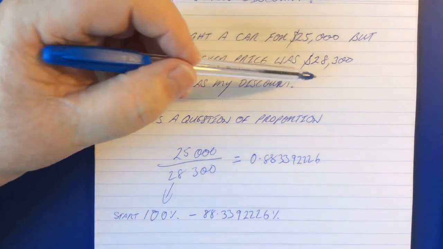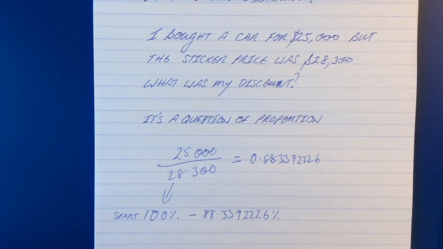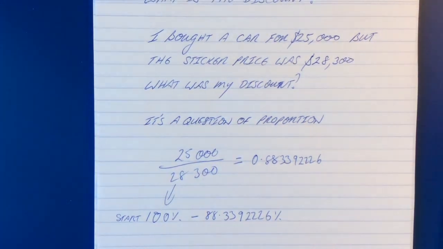In monetary terms, it's very easy to work out. It's $3,300, and that may well be another way of working it out. We'll come to that in a minute. But this is a good way to think about it.